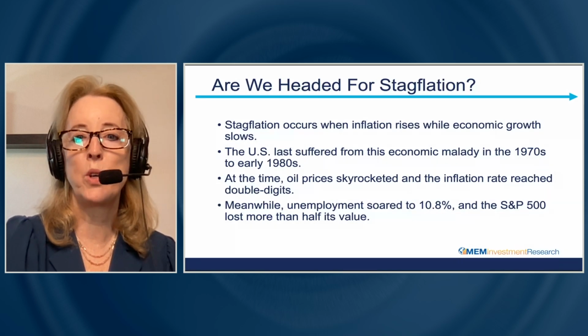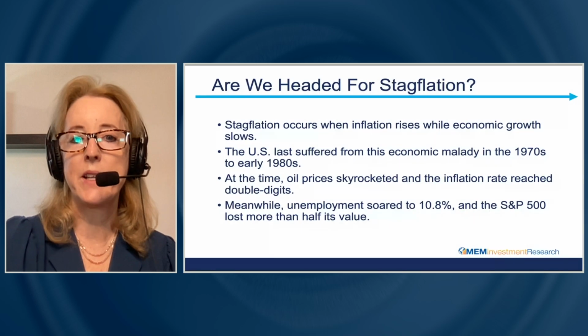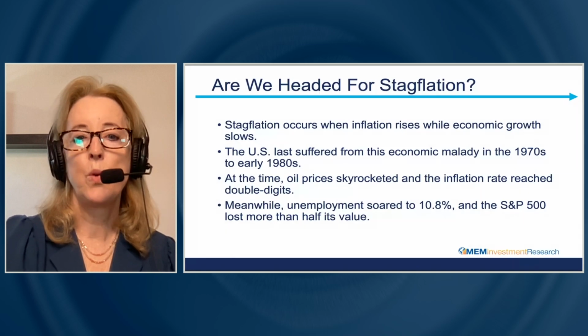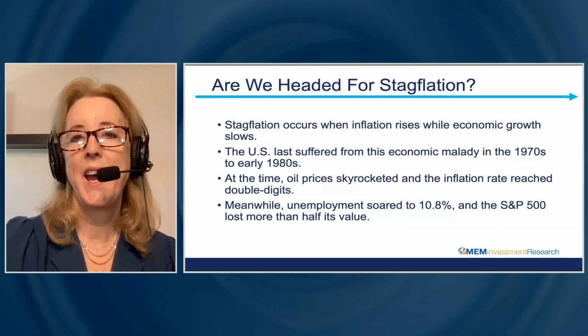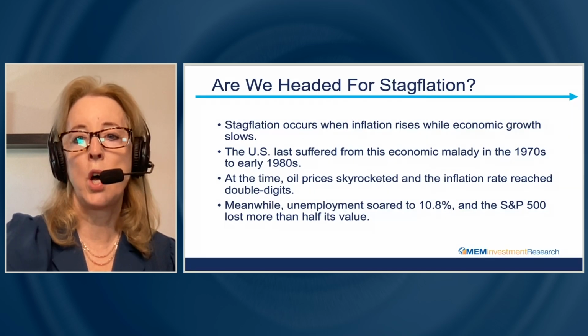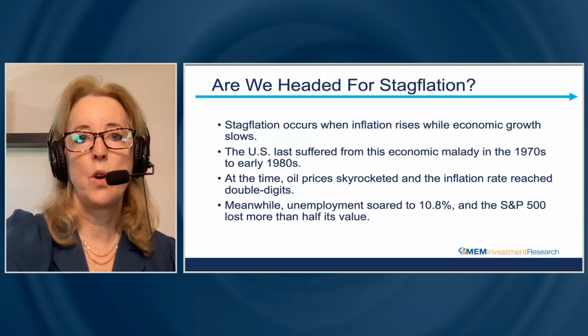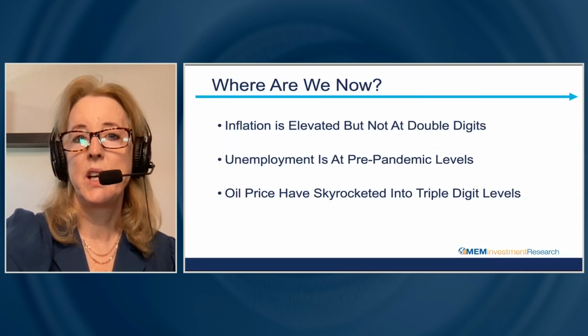And at that time, oil prices skyrocketed as inflation reached double digits. And then also during that 1970 into early 80s, we did see unemployment soar to 10.8%, and the S&P 500 lost quite a bit.